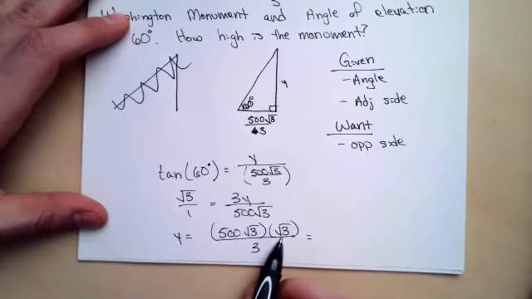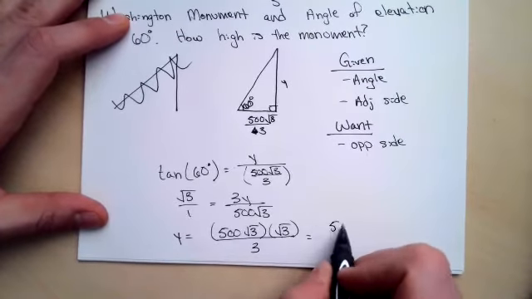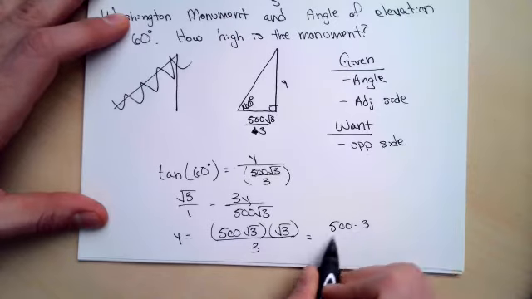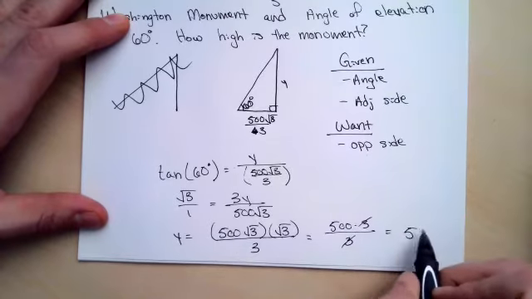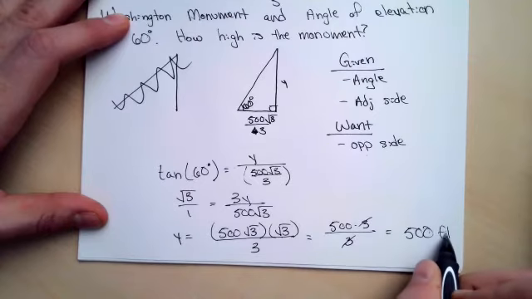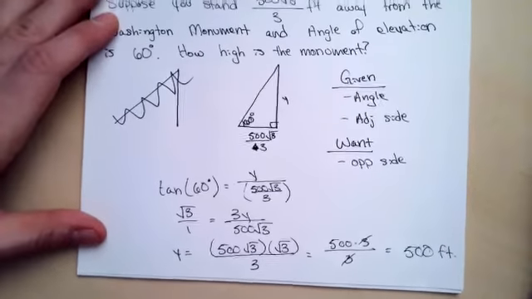Square root of 3 times square root of 3 gives me 3. And so y we get was 500 feet.